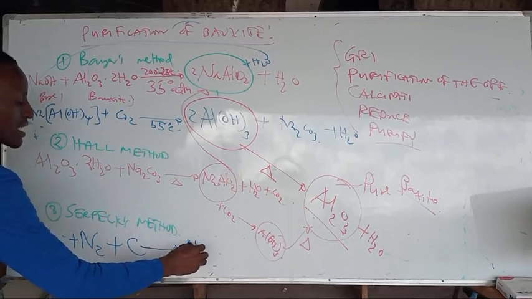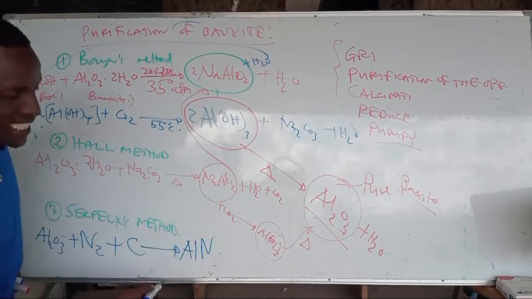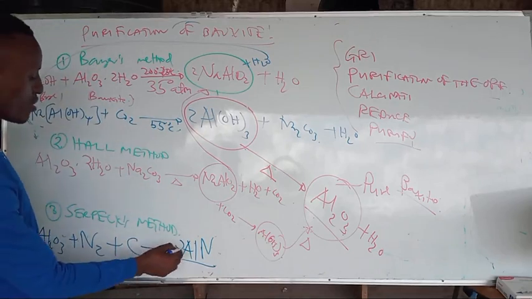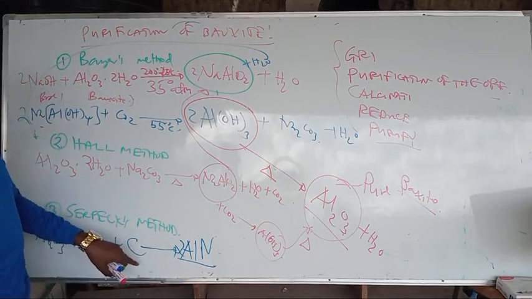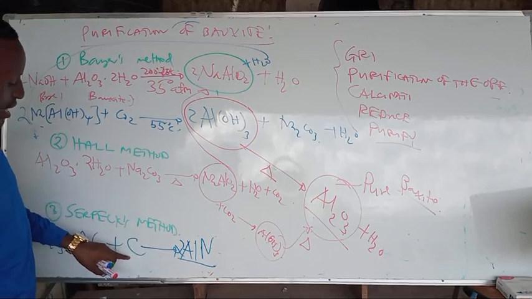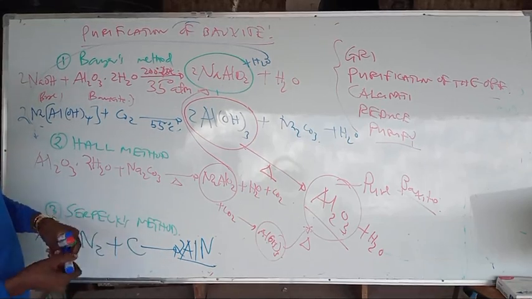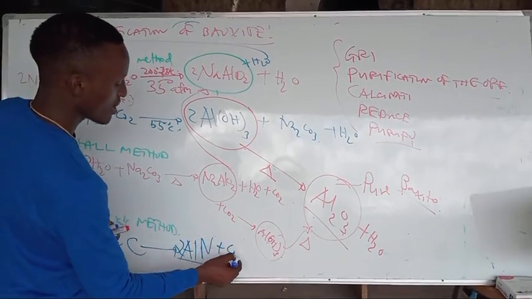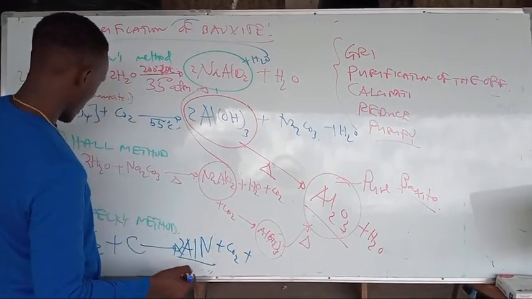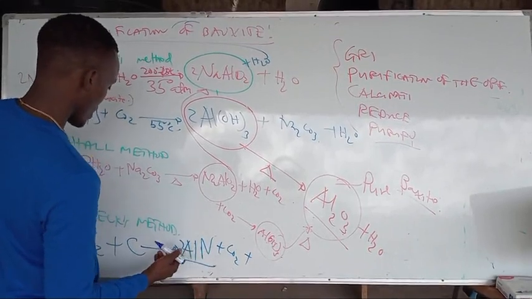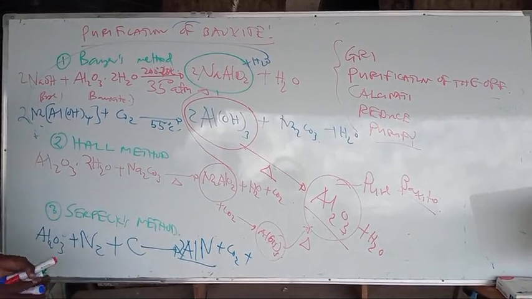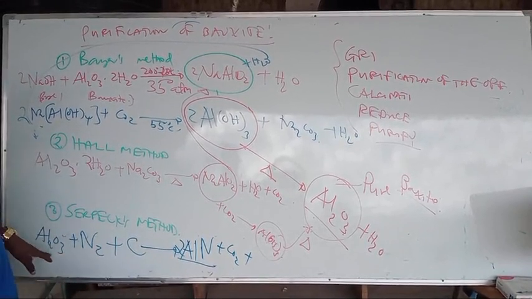This is the major product. Balancing it by 2 for this nitrogen, and this is carbon. So you just form the carbon dioxide, and we can just form the nitrogen. Yes, it's balanced.